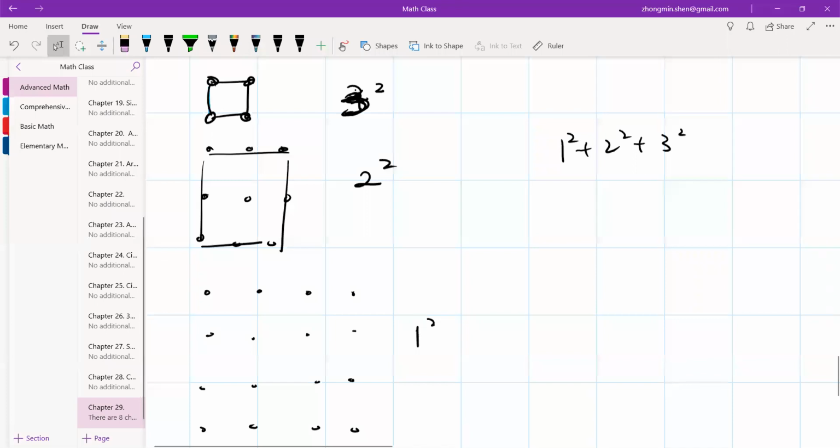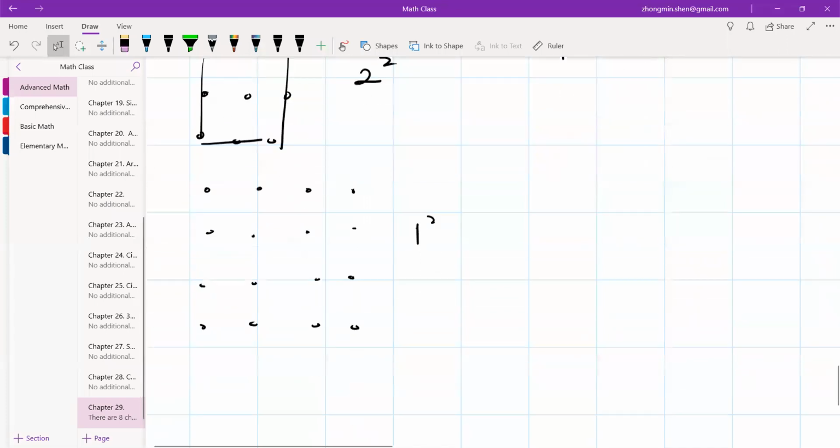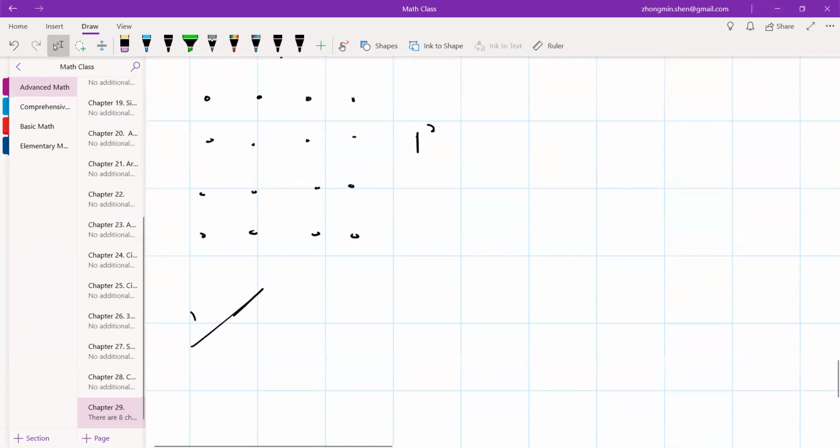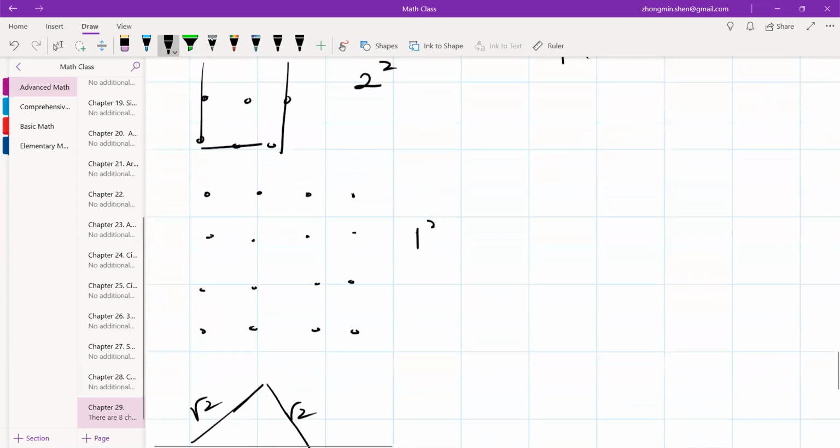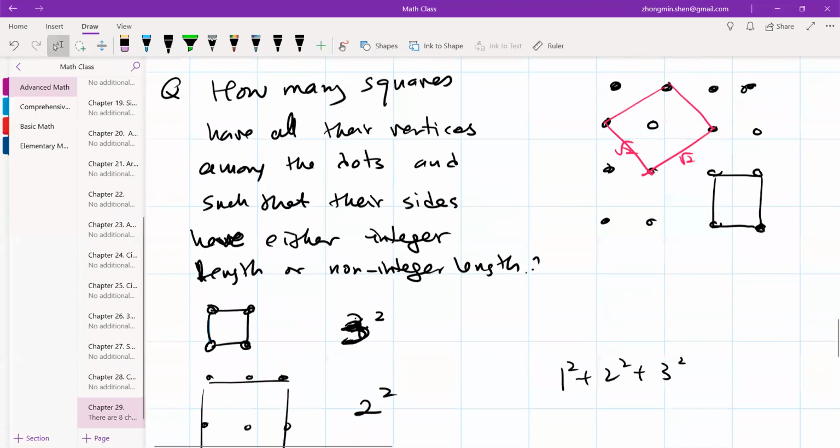You have to count the ones with edge length square root 2. And square root 2, square root 2, square root 2. Okay? So how many of them? I think there are 4. Right? It's easy, just move this one downward 1, then you move to the left, another one. So in total there'll be 4.